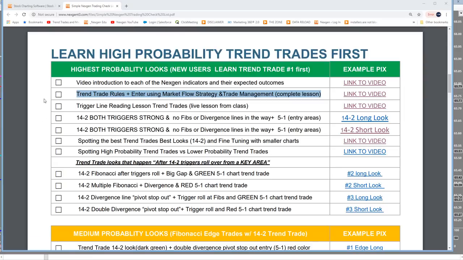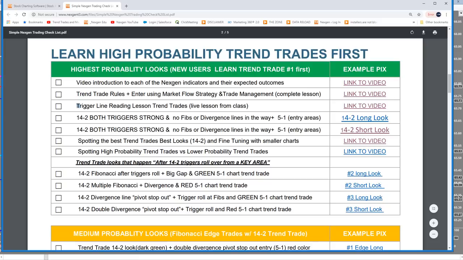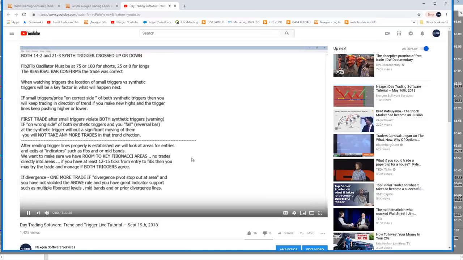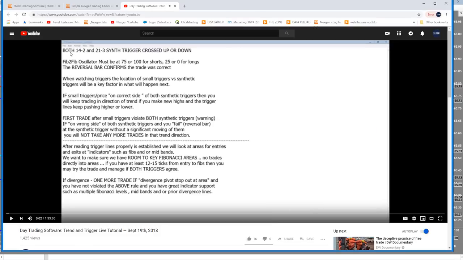Then there's a lesson that we did, I guess, a month ago or so, that was an additional trigger line reading lesson. You can go back and watch the lesson itself, but we talked about a very, very simple look, and this is what I want to base today's study on.